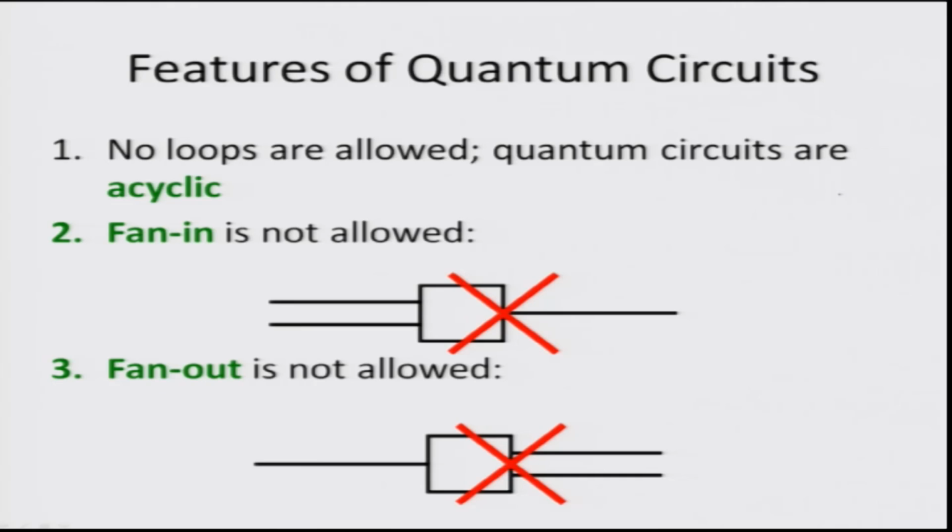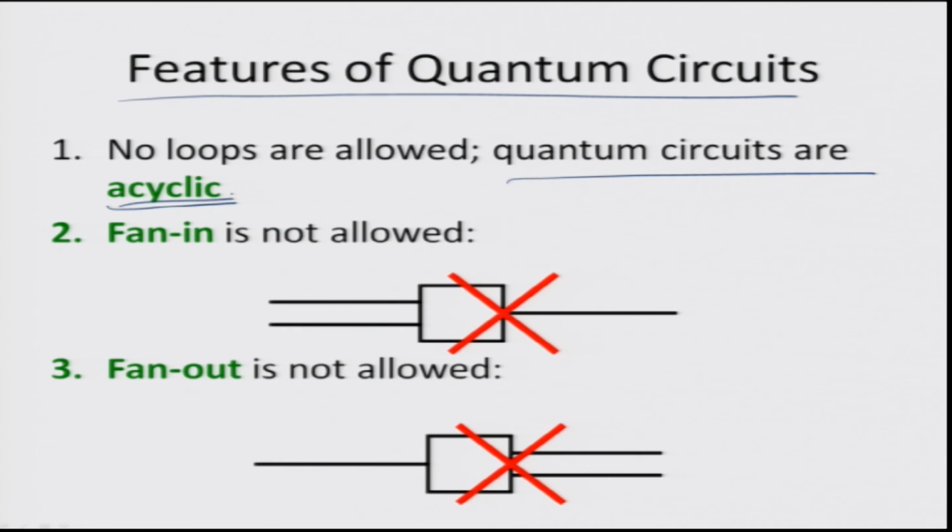So, that brings it to a very important point. What are the basic features that we are now looking for in a quantum circuit? We cannot do a few things that we have just now realized. No loops are allowed. Quantum circuits are acyclic. You know why? Okay.